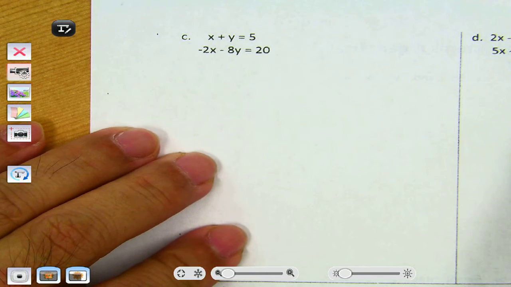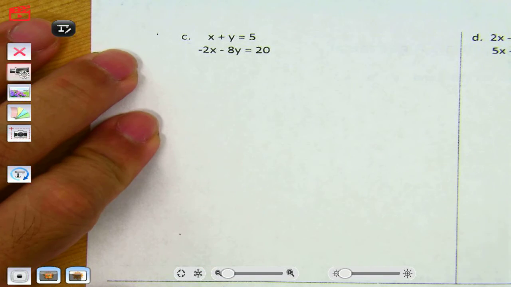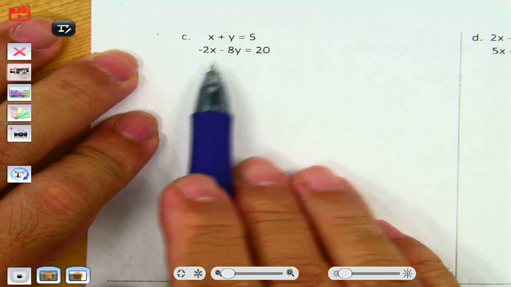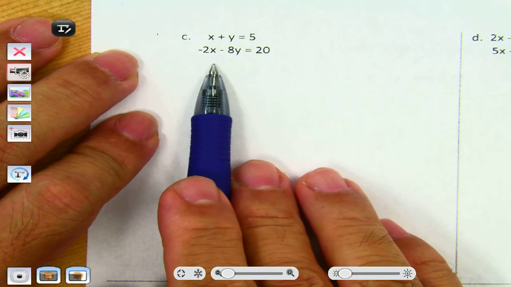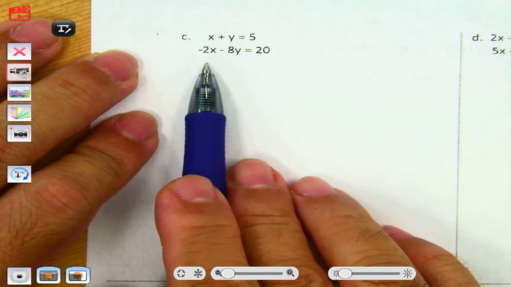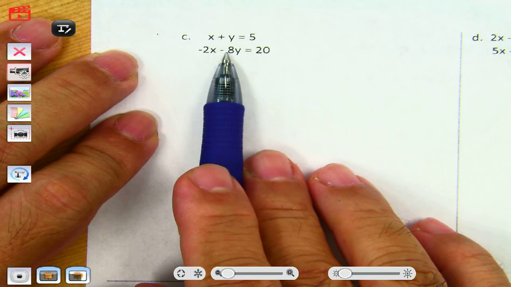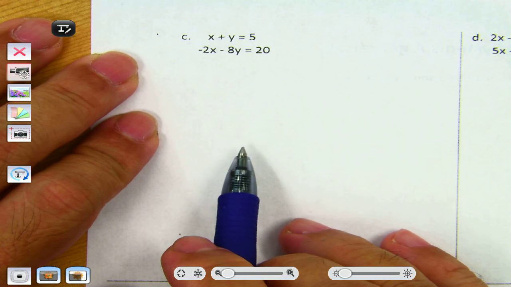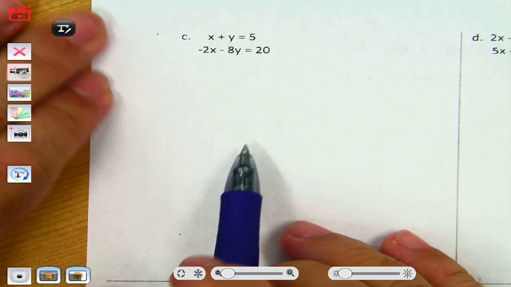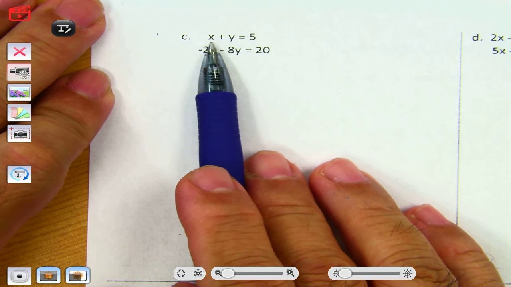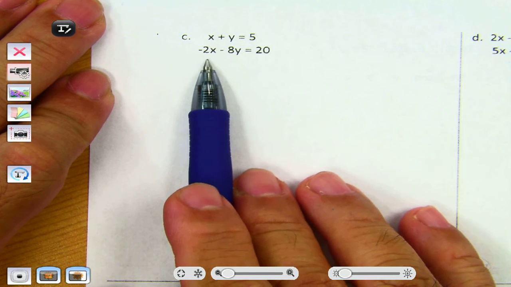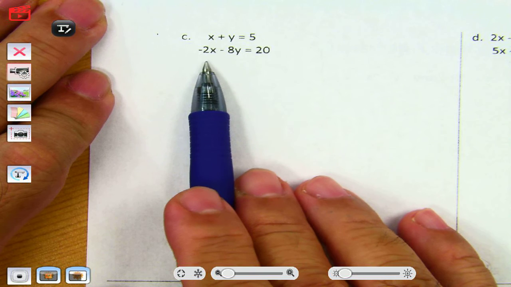Y. Okay, here's what you do. You pick the one with a smaller number. X is a smaller number, so that means you're going to keep the number smaller when you have to multiply. Right now, I have nothing in front of x. What would be good to have in front of x so that it will cancel with negative 2x?